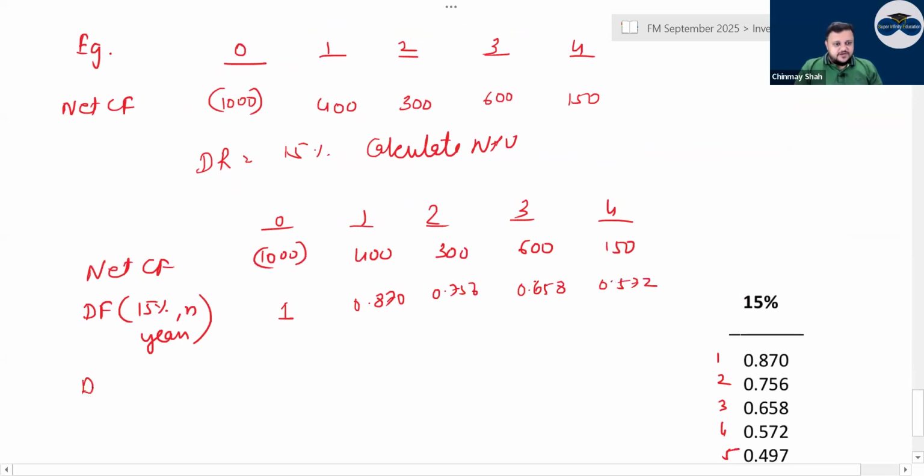Now what could we do? Discounted cash flow. Have a look. Sir, multiply this. This is a shortcut method. Correct? Multiply this. 1000 into 1, negative 1000. Then tell me, 400 into 0.870.